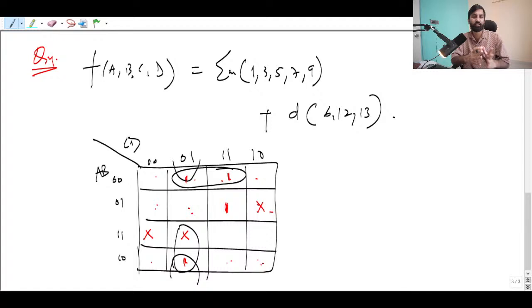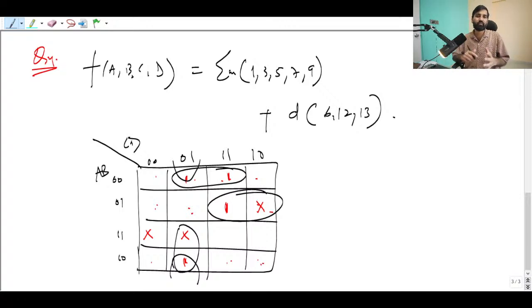So here the maximum number of ones that can be grouped is 2. You can combine 2 ones, or you can take these two ones. Whatever you want to do, you can do it. My main objective is to tell you that you can combine like this.